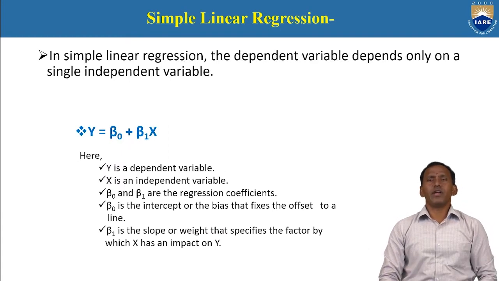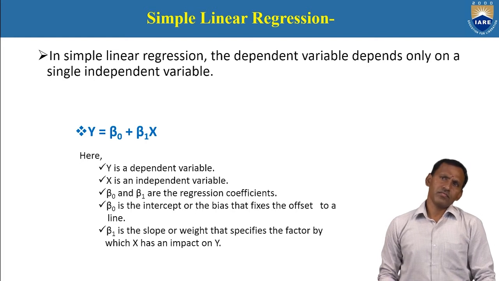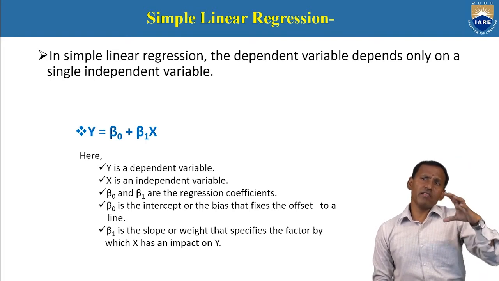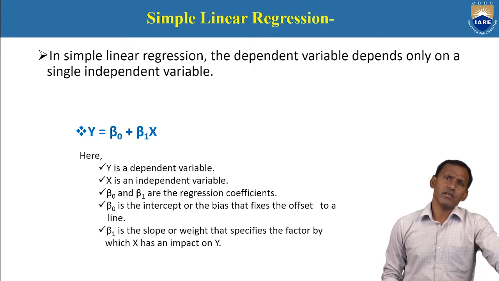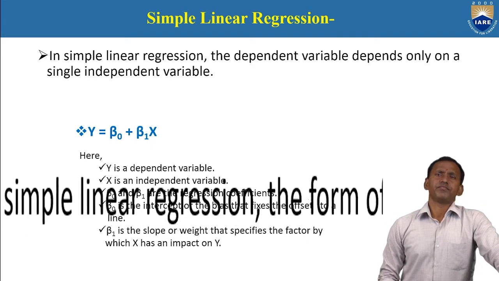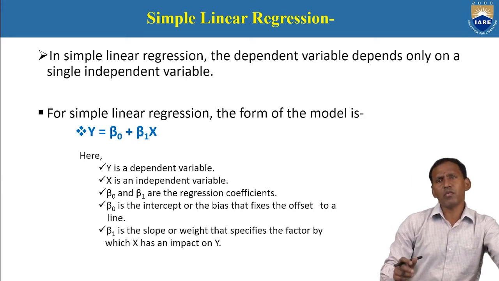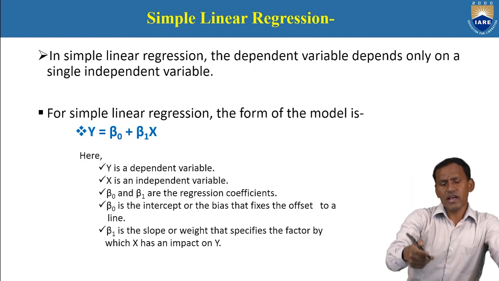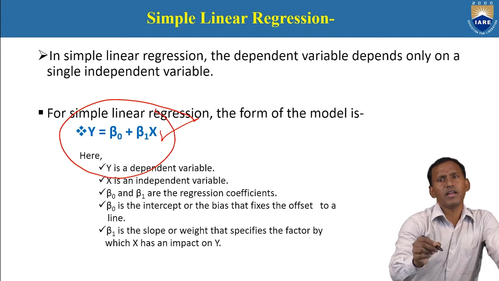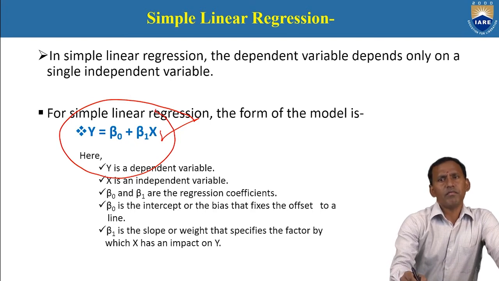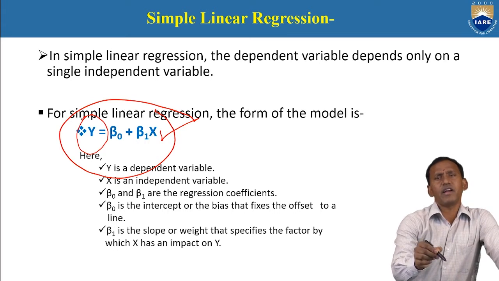Coming to the first category, simple linear regression. Here the dependent variable depends only on a single independent variable. The form of simple linear regression is like this. Here the output y is the dependent variable.